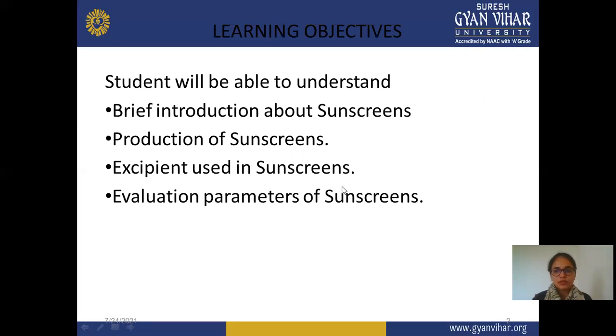Then the evaluation parameters of sunscreen, meaning how you evaluate it after formulating and before it comes to market. You assure that the sunscreen you manufacture is of good quality and can be used or applied by a person. These are the learning objectives of this lecture.